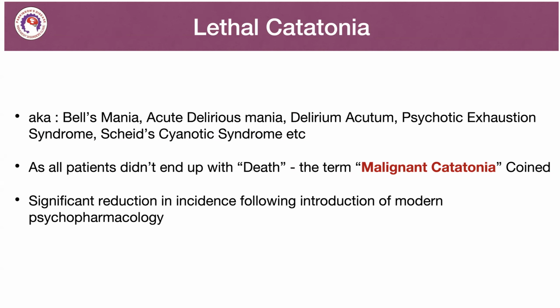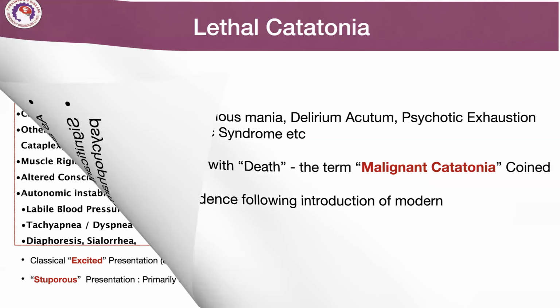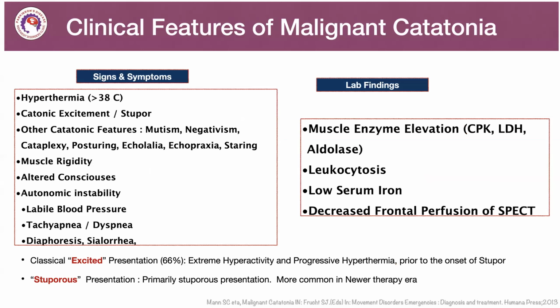Please do remember that not all patients die, but a significant number of patients, if not treated, do, hence the term malignant catatonia was coined. This mortality has significantly reduced after the introduction of proper therapy for patients with malignant catatonia.